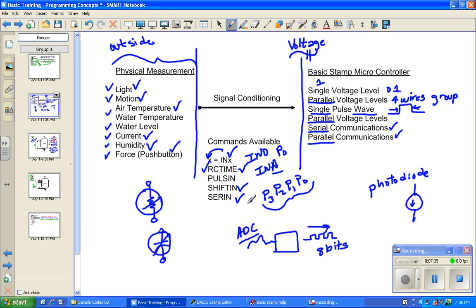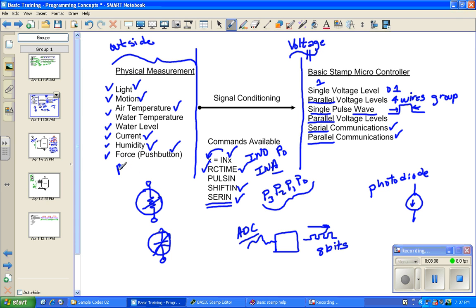It's like two computers chatting, and they chat using serial communications. You learned this with Mr. Nabil about communications. So serial is one form of communicating between two devices. So you have to use a very advanced, powerful command called SERIN to communicate and receive information.